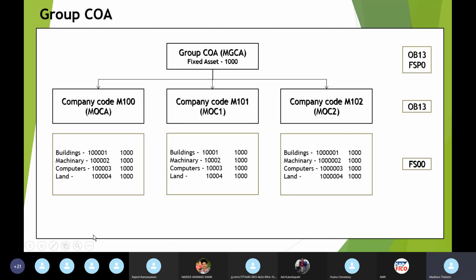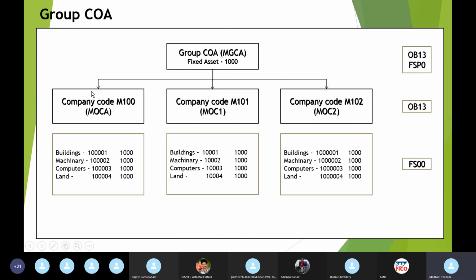Group COA is used for all company codes within a group of companies. This is used for consolidation purposes. It is required to consolidate two or more operational COAs used by two or more company codes. Here I created group COA by using T code OB13.